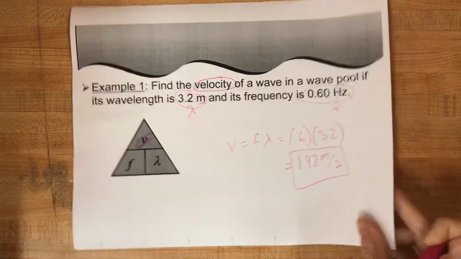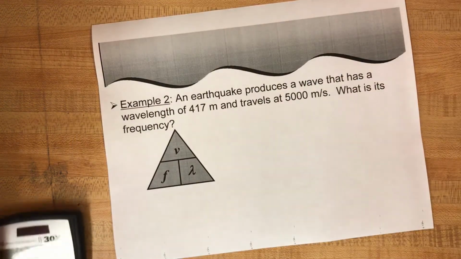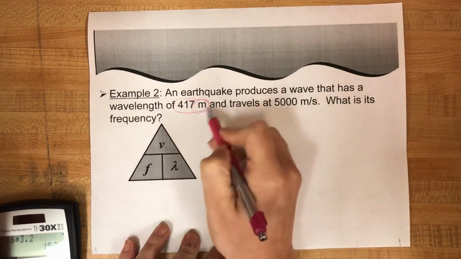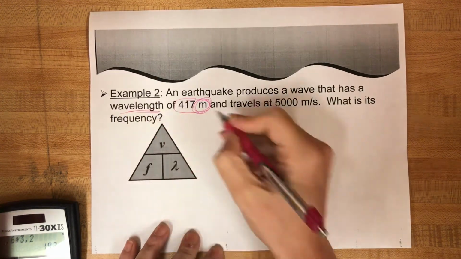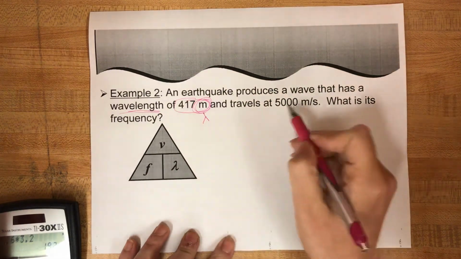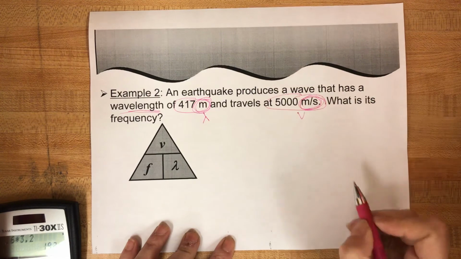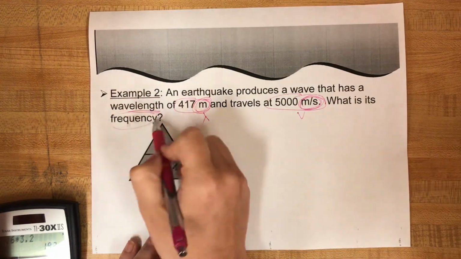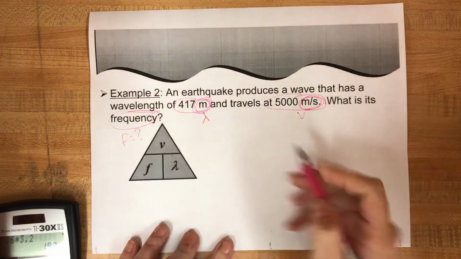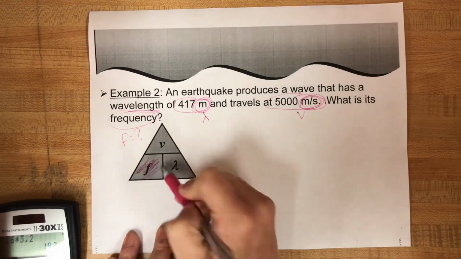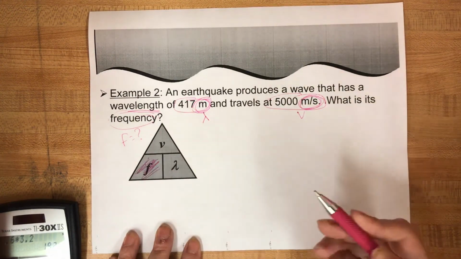One more example. An earthquake produces a wave that has a wavelength of 417 meters. It says wavelength right there, so this is wavelength. It travels at 5,000 meters per second. Meters per second is velocity. What is its frequency? So you're trying to find F. We shade in the F, and whatever is left is what you plug in.